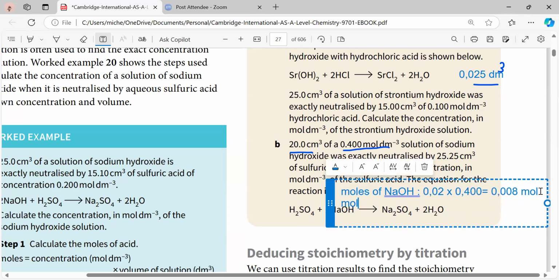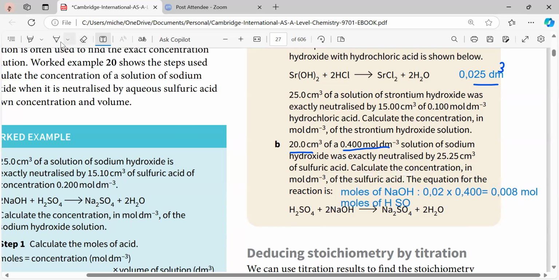So now we're trying to find the moles of sulfuric acid.